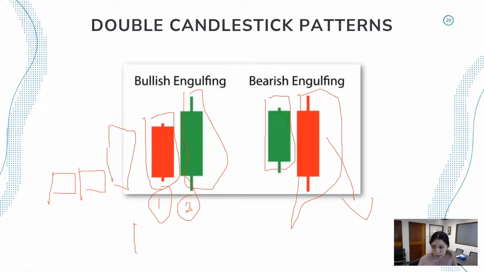So this is a good one, but if this is a bigger one, it won't be that good to look at if the wick is too long. A shorter wick is better for these double candlestick patterns.